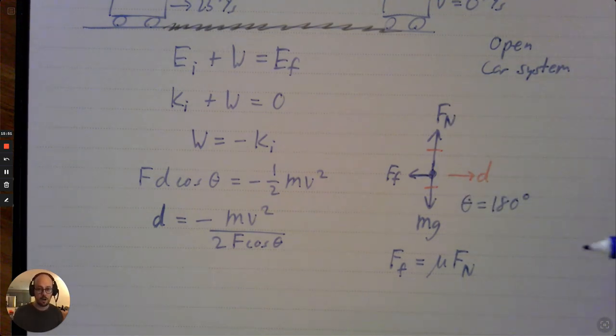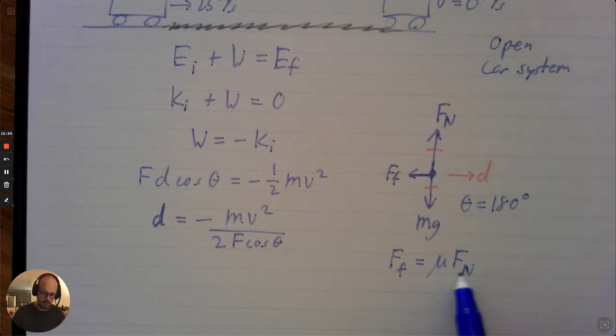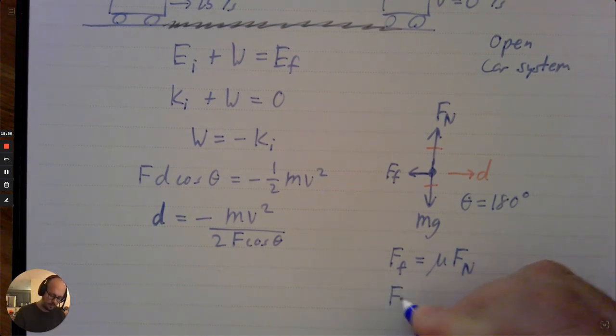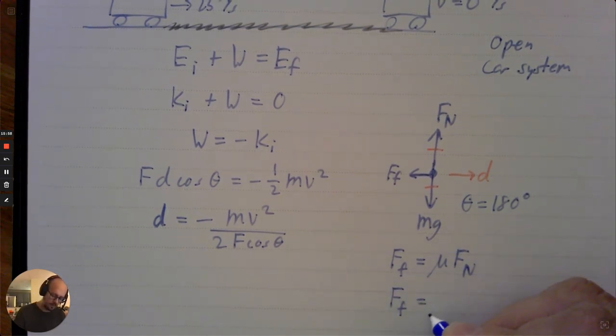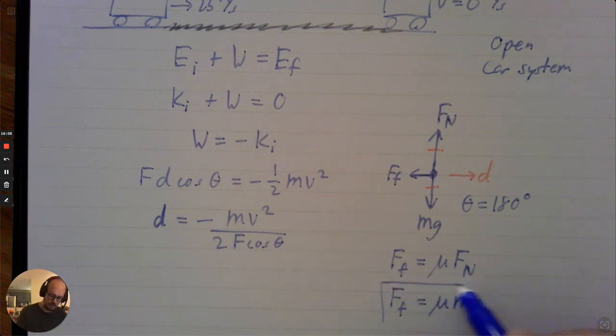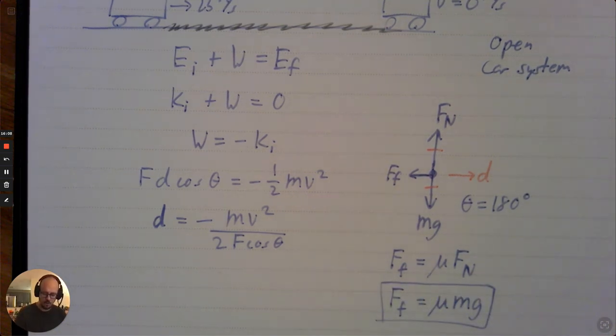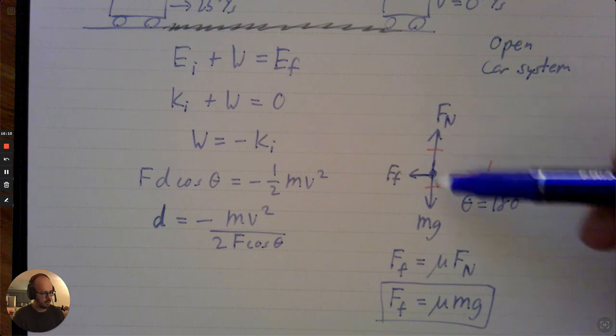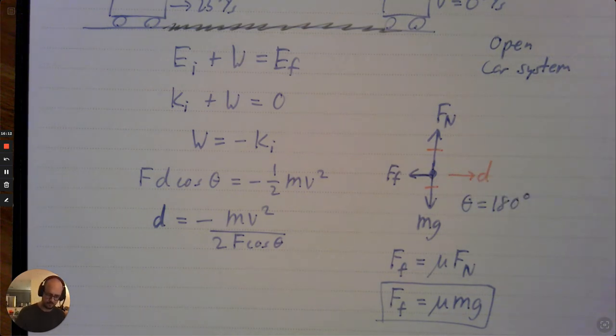Now, because the car is on flat road, I get to make the following assumption without really thinking about it too much, that the normal force and the force of gravity are equal to one another. And so this becomes very important. The force of friction, according to this free body diagram, is equal to mu times the weight of the car. That is this force right there.